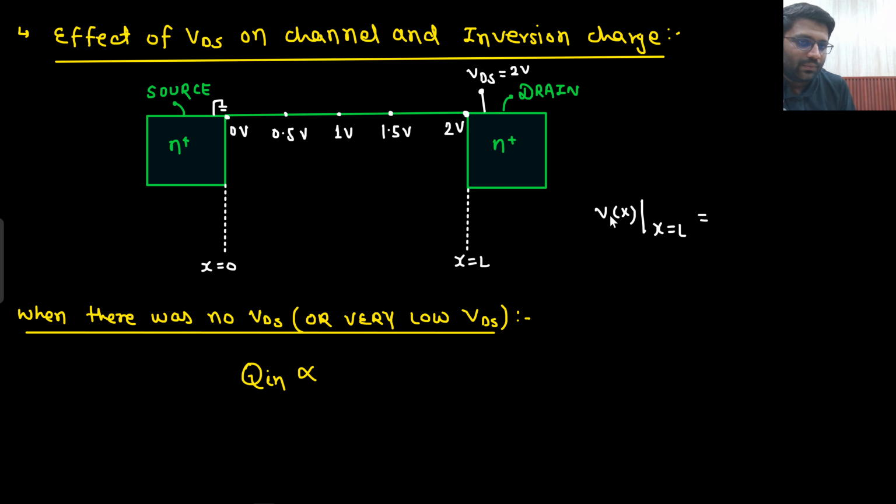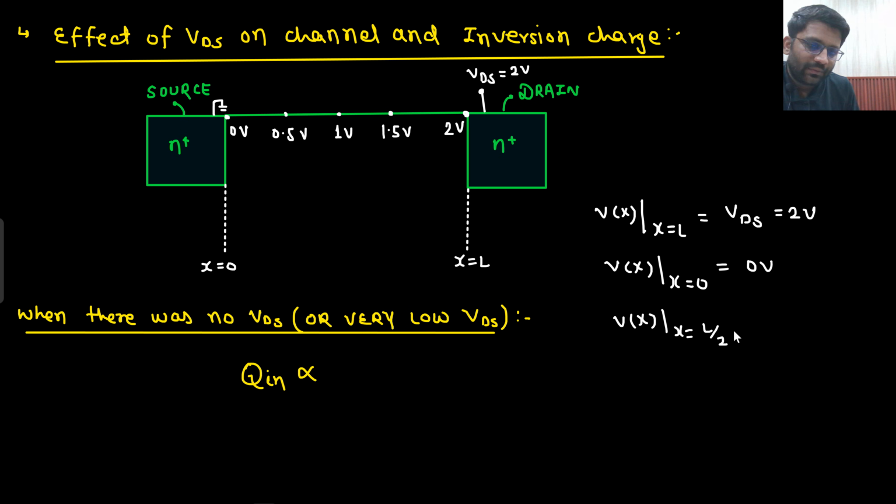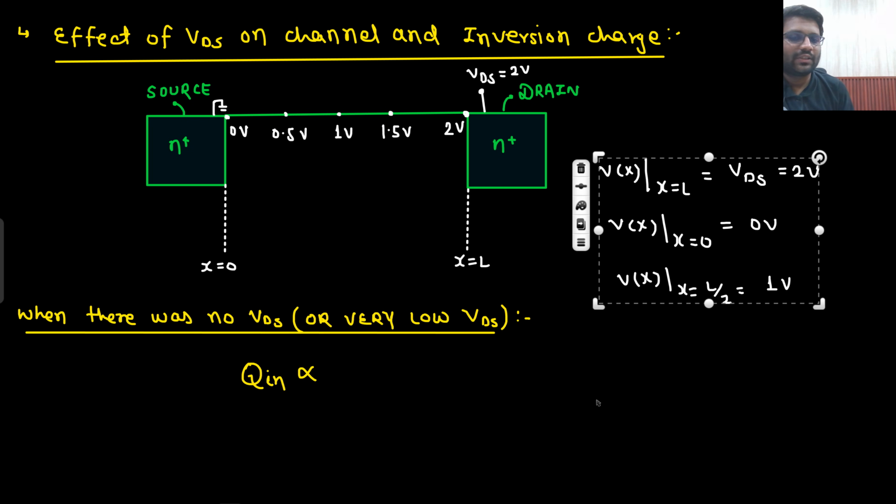So Vx value at x equals to L is nothing but VDS only, which is 2 volt. Now if someone asks you Vx value at x equals to 0, that will be 0 volt. If someone asks you Vx at x equals to L by 2, that would be nothing but 1 volt. So did you understand what is Vx? On a very crude level, did you understand what is Vx?